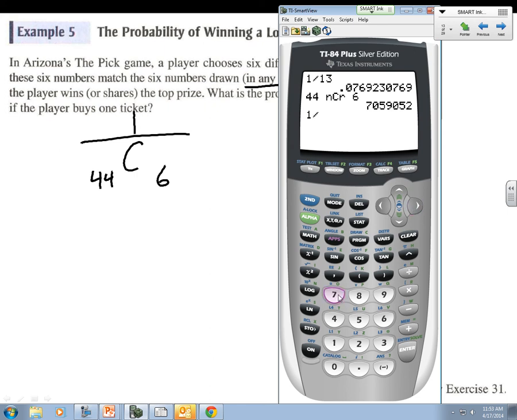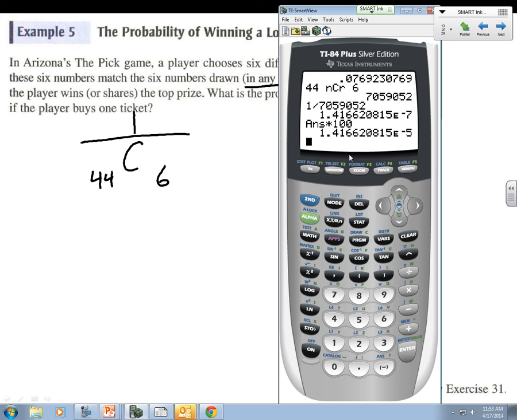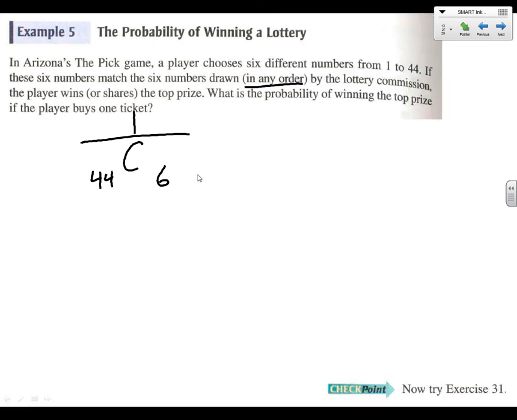What is that? We'll times it by 100 to get percent. And it's still, you have a 0.00014% chance. Not too likely you're winning the lottery.